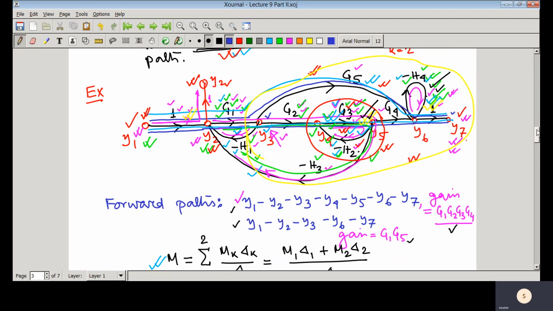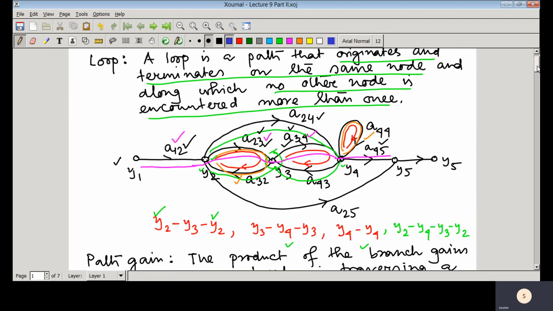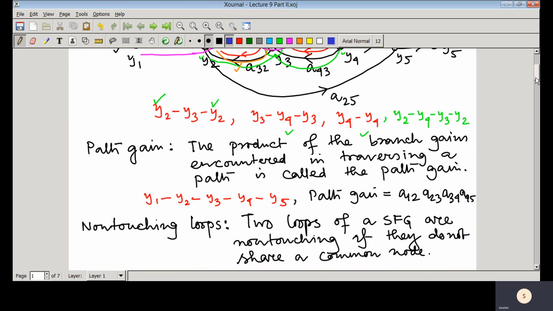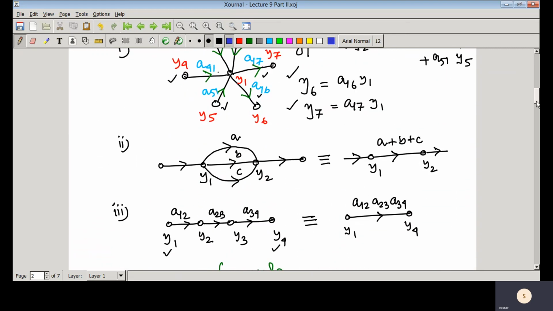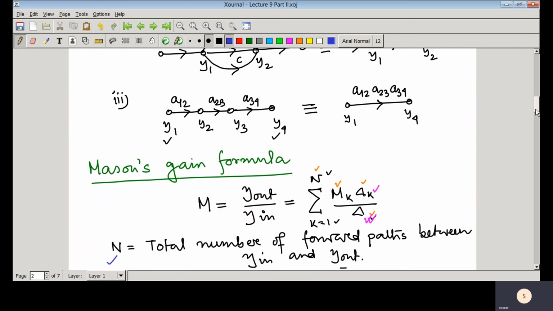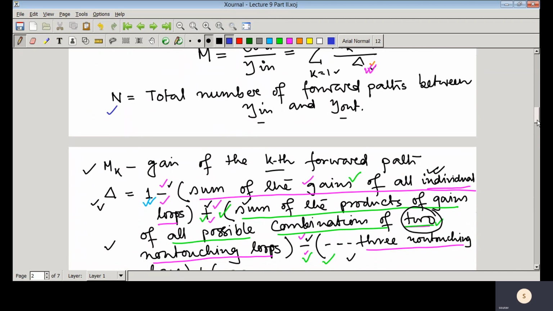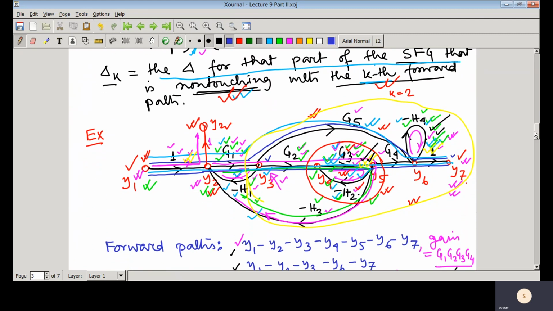Today we have discussed some terminologies, that is loop, path gain, and non-touching loops, and we have seen signal flow algebra. Then we discussed in detail the Mason-Gain formula, and we understood it via one example with this signal flow graph.